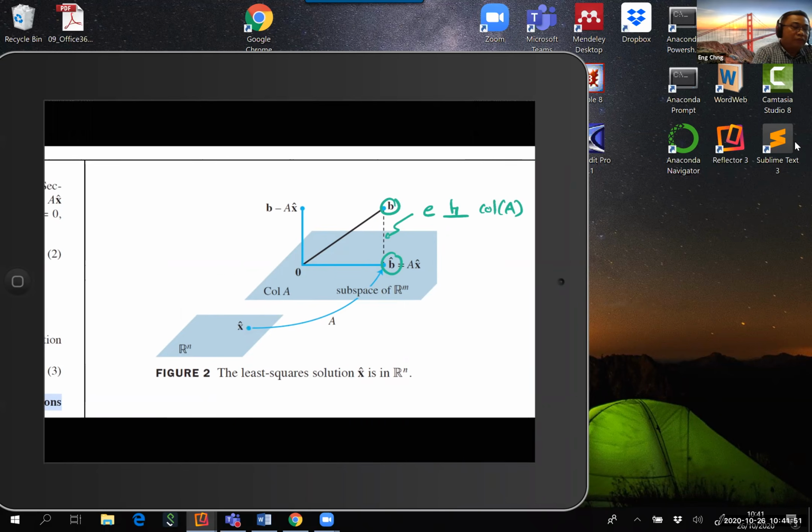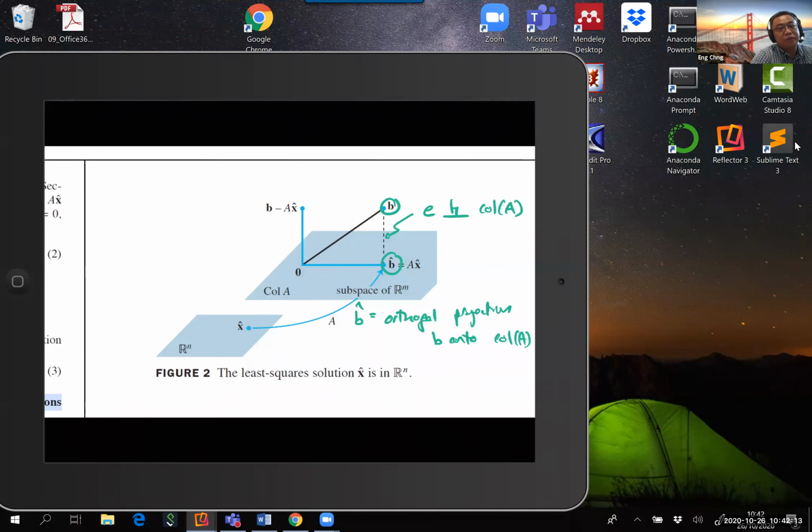Now, if you refer to tutorial 6, you realize that we are always talking about orthogonal projection. Isn't B hat the orthogonal projection of B onto the column space of A?